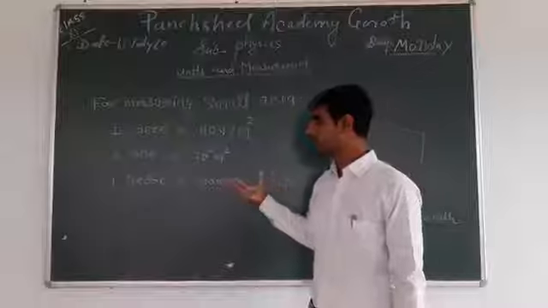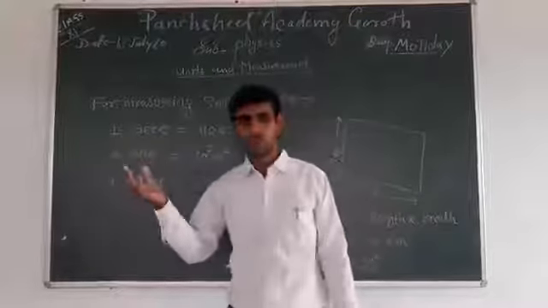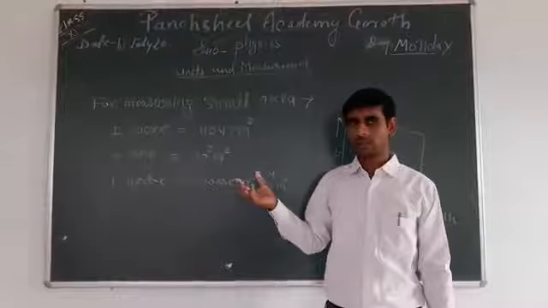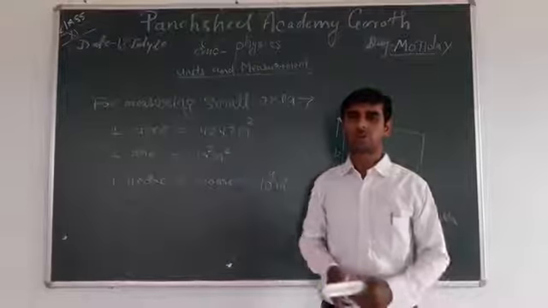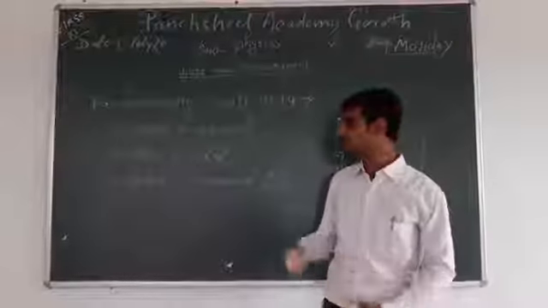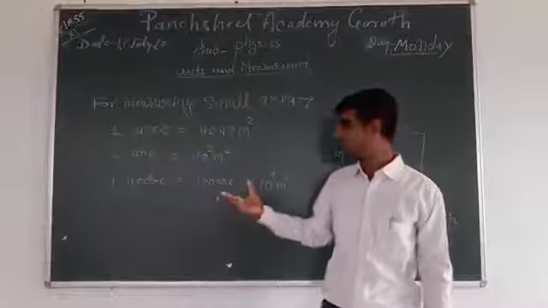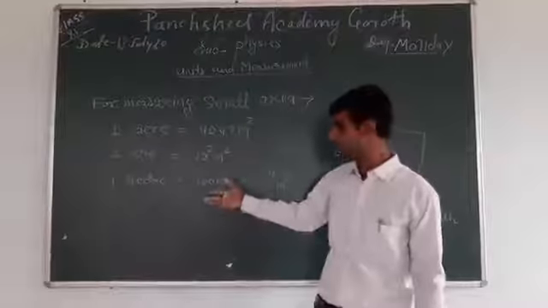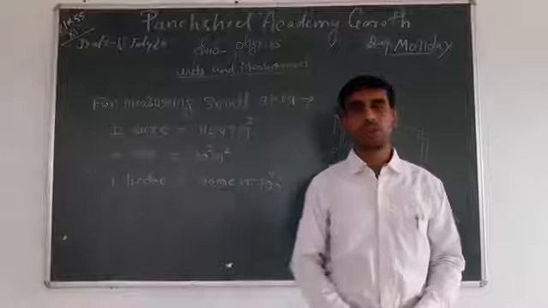Okay, and 1 bigha, 2 bigha, biswa, these are more small units which are used in the measurement of land. So no need to remember all this thing, only this. Okay, this is very useful for you. Write down.